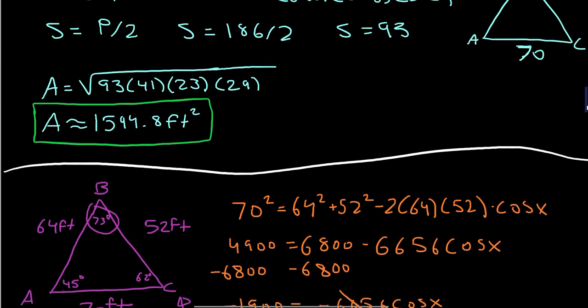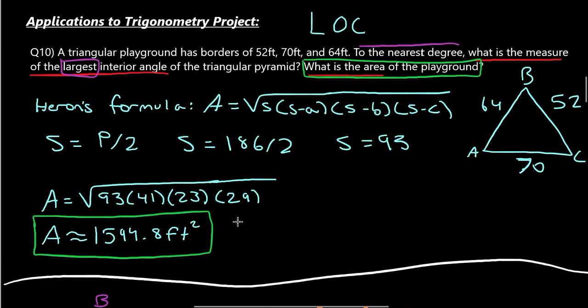We put measure of angle B is roughly equal to 73 degrees, boxed in green, so we know that's our answer.